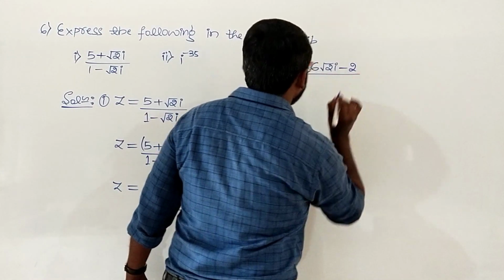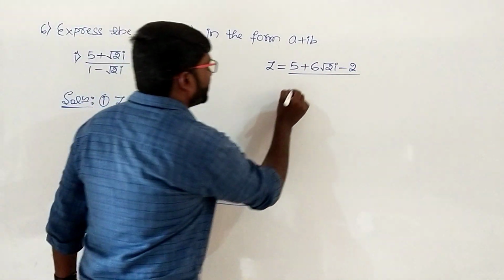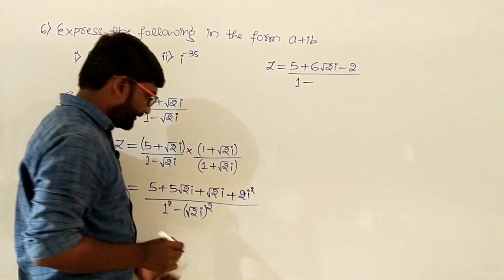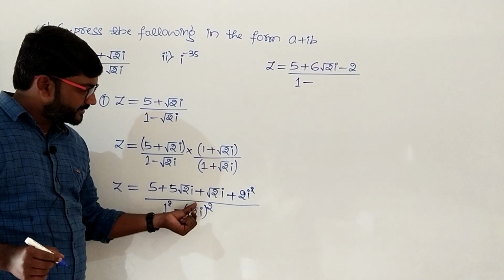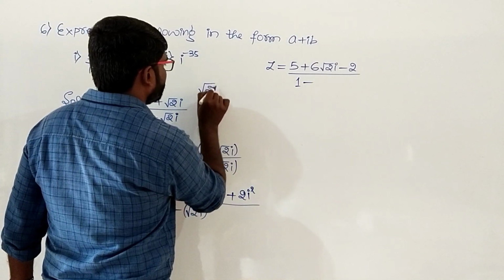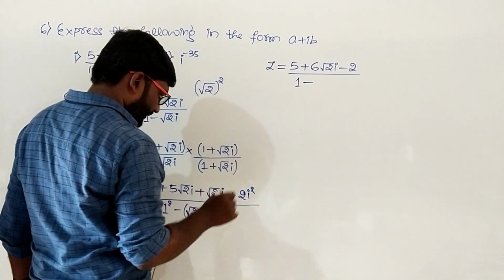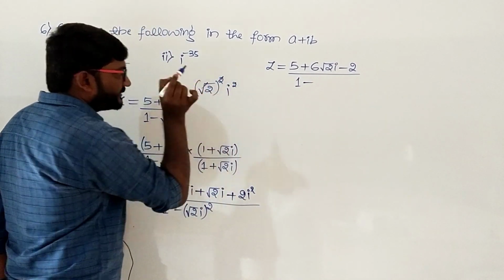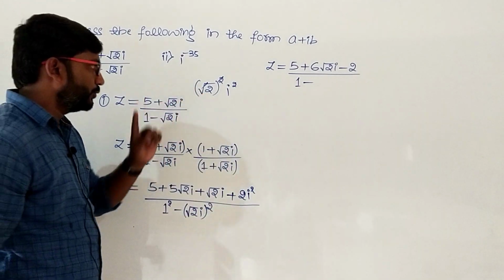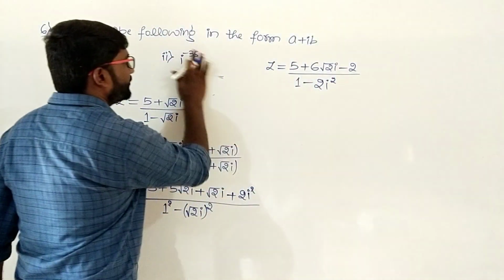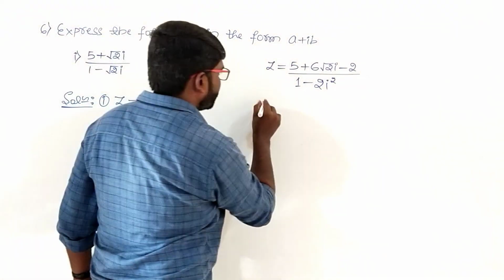Then divided by 1 square, which will be 1 as it is. Then minus. So here the square applies to the first term as well as to the second term. See, the first term is root 2, the root 2 whole square and then I square. Here the square and root cancel, we get only 2. So 2 into I square. 2 into I square. We'll simplify this further.